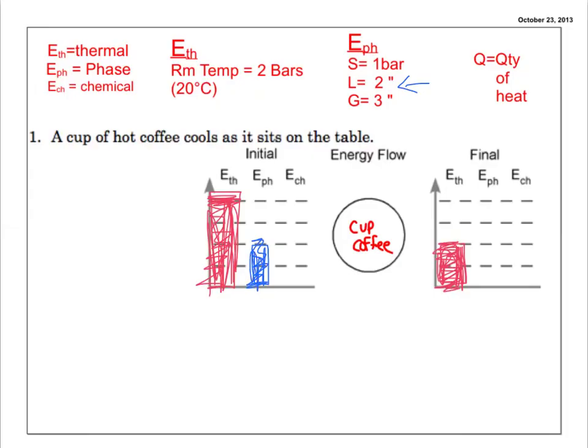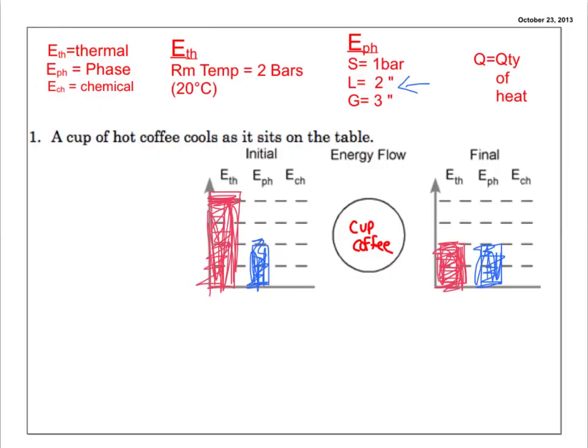And since it's still a liquid at the end, it's not like we froze it or we boiled it, we fill in 2 bars for the liquid at the end. Now, my drawings really stink, but you get the idea that we basically want to have 2 bars for ETH in the final, 2 bars for the EPH in the final, 4 bars for the ETH in the initial, and 2 bars for the EPH in the initial.